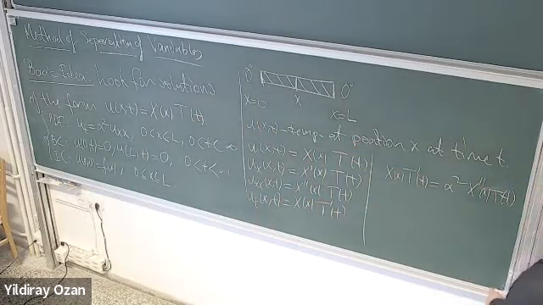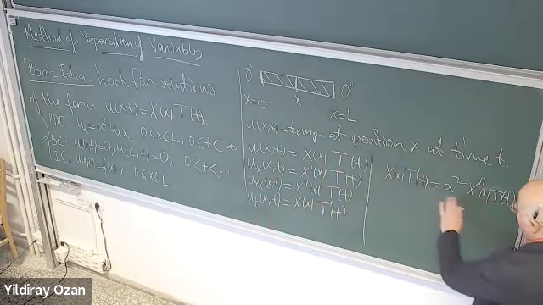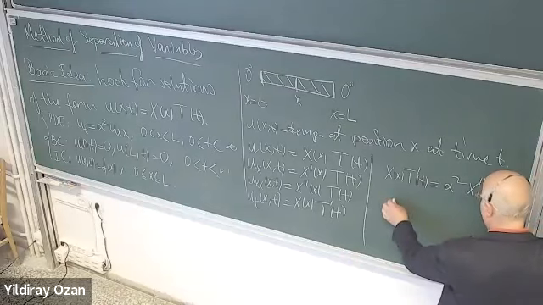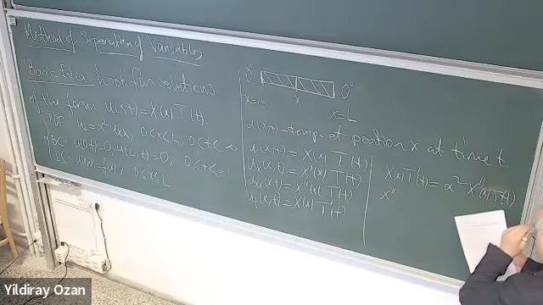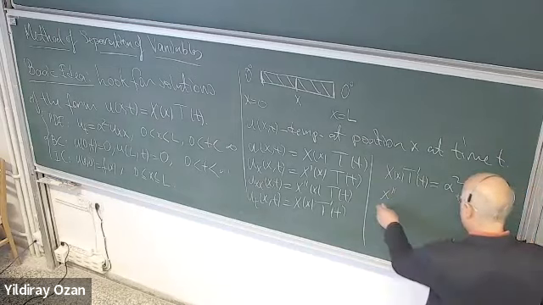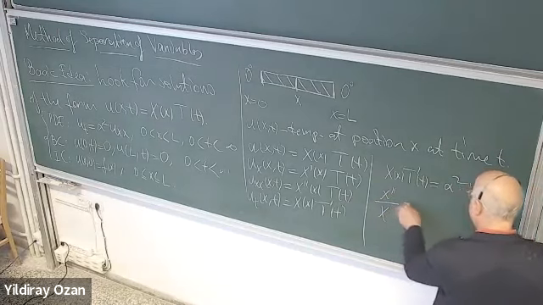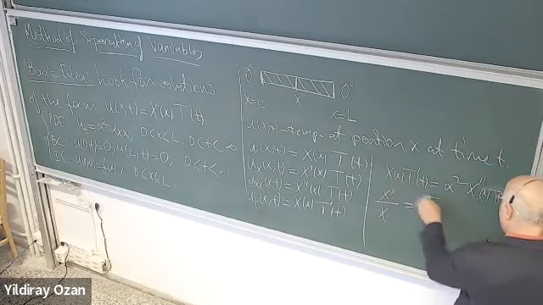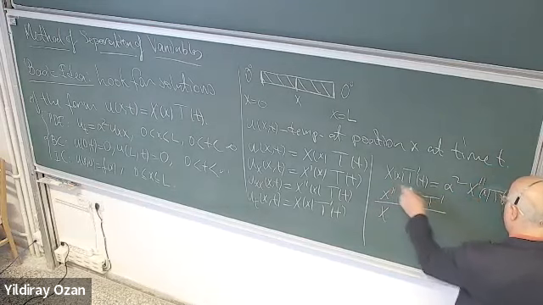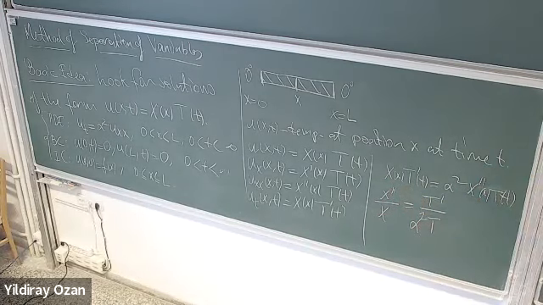Once we have this, you see, I can collect x and t terms on separate sides. I have X double prime over X, so I just take this X here, and then here I have T prime over alpha squared T. And then we do the following.